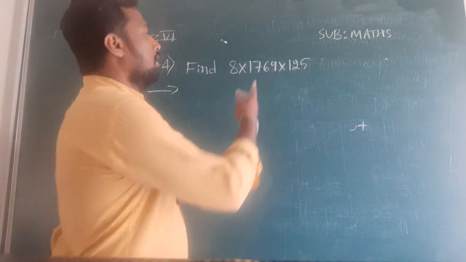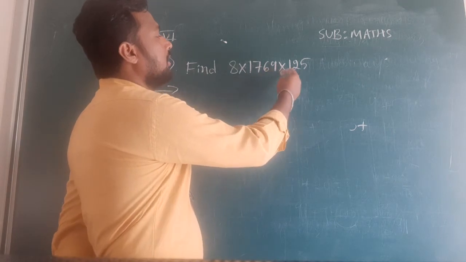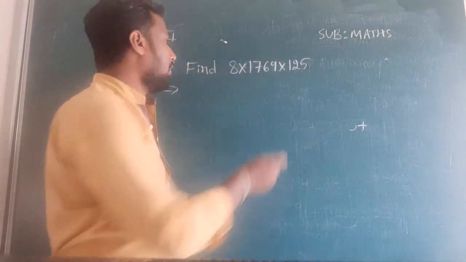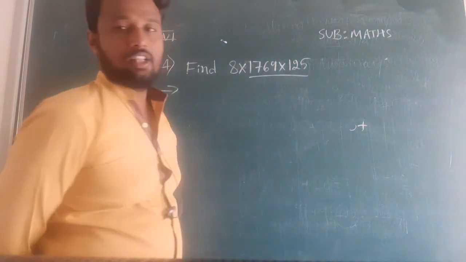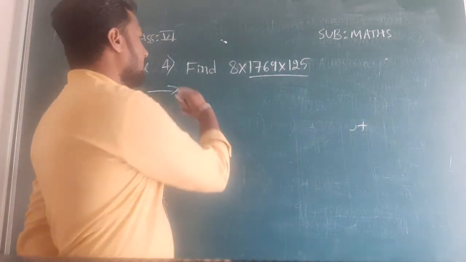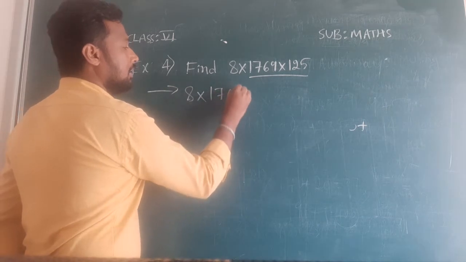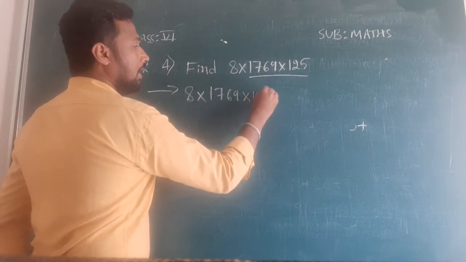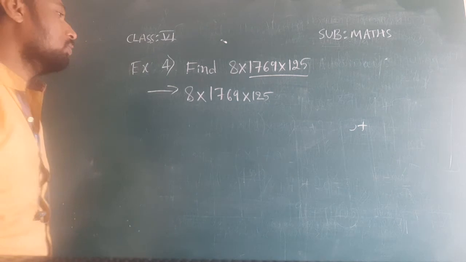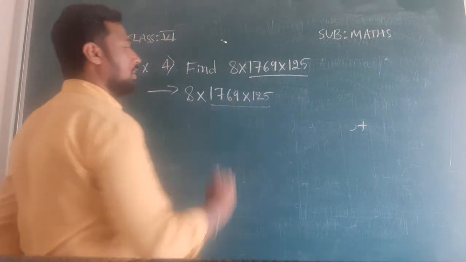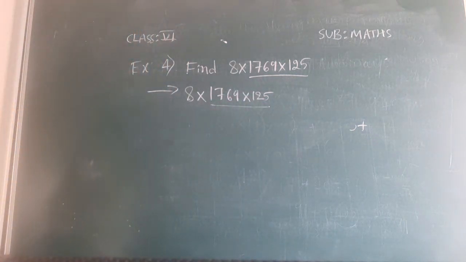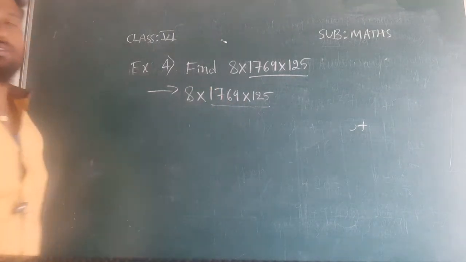What I will do here: 1769 into 125, these two last terms we have here. 8 I will write as it is only. 8 into 1769 into 125 I have written as it is only. Now I will apply commutative property for the last two terms. So what is that commutative property? You will interchange these values.